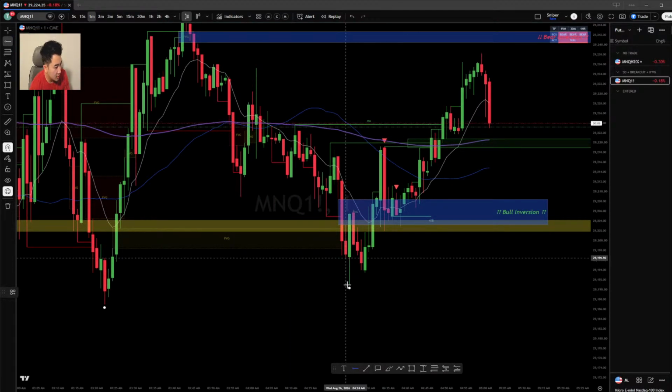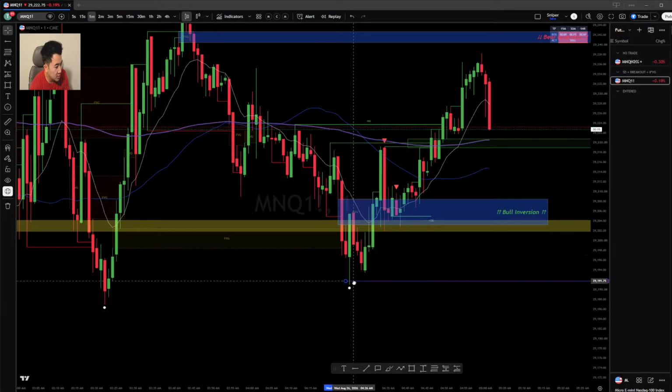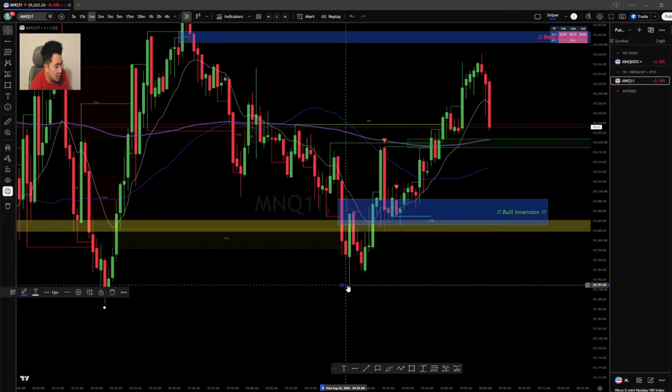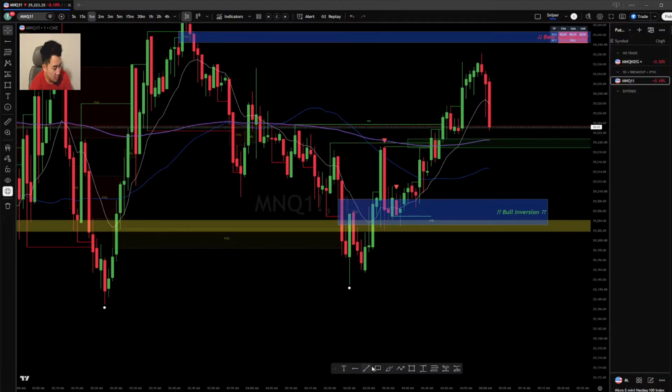So we got this 1 minute liquidity just in case price decides to reverse and starts trading back down.